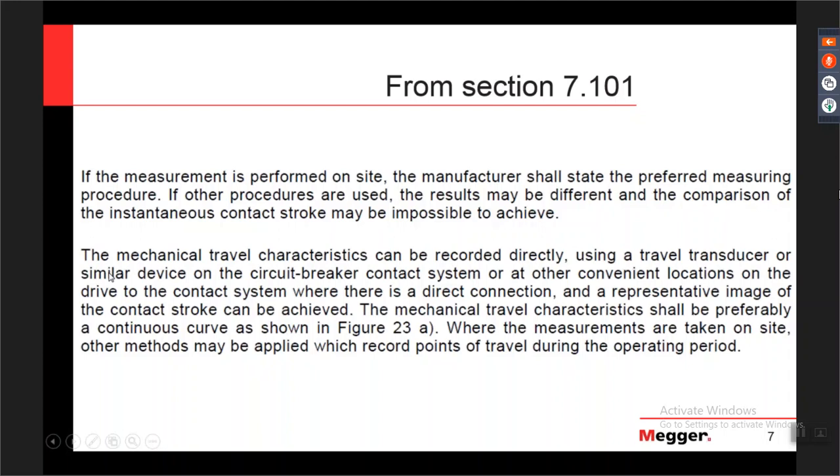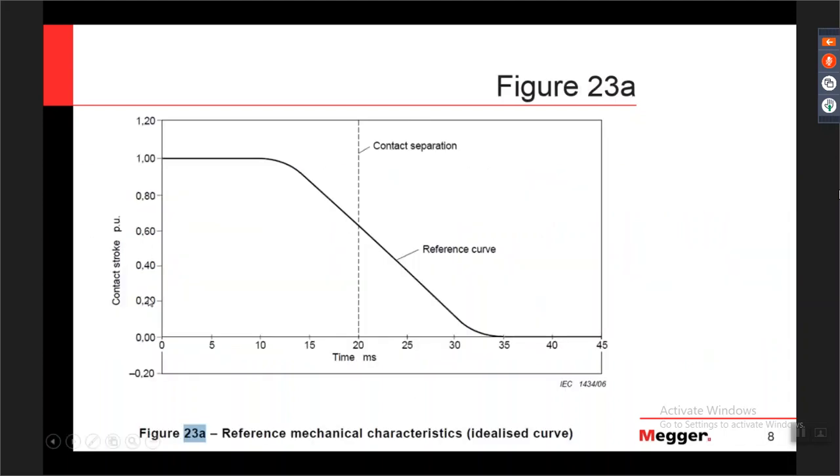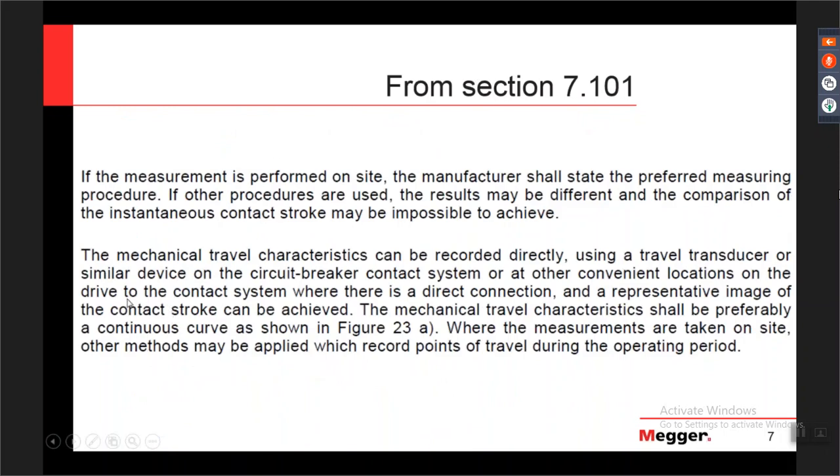And what does it say more here? The mechanical travel characteristics can be recorded directly using a travel transducer or similar device on the circuit breaker contact system, or at another convenient location on the drive to the contact system, where there is a direct connection and a representative image of the contact stroke can be achieved.